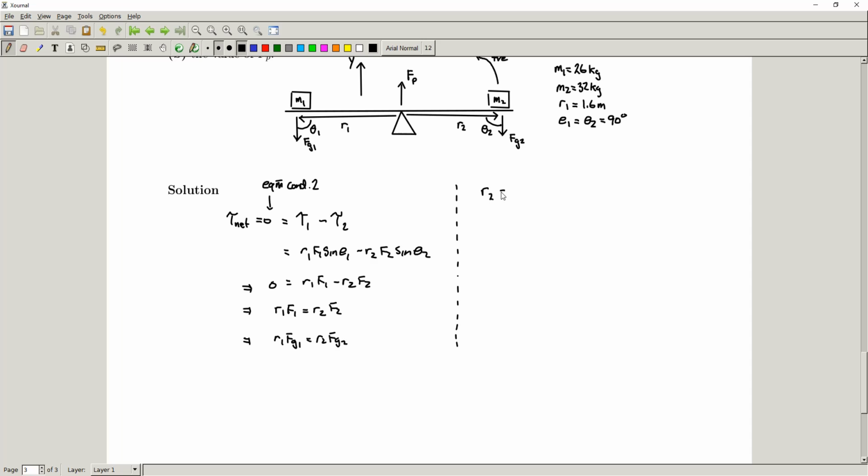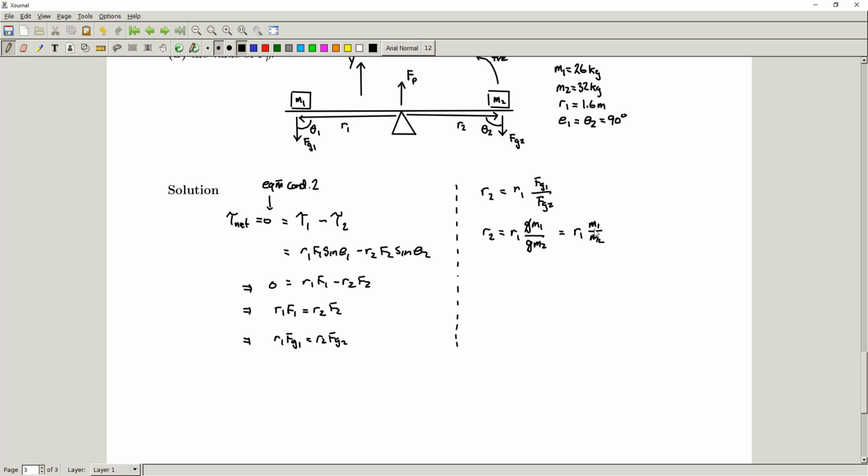So R2 is going to be equal to R1 Fg1 over Fg2, and one more simplification. We're just going to put in our masses and gravitational acceleration for the two forces of gravity. So we're going to have g m1 over g m2. These g's will cancel, and we're left with R1 M1 over M2.